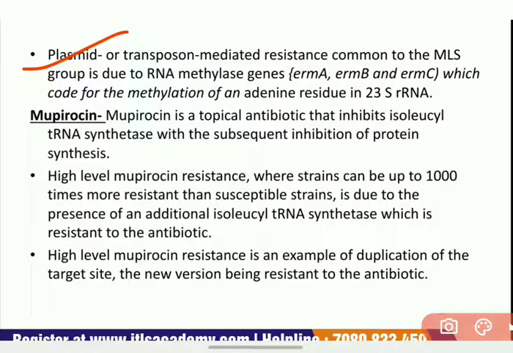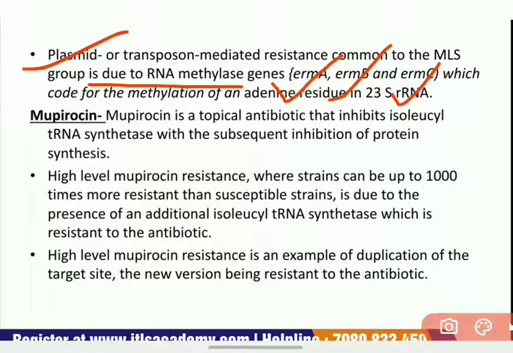Plasmid or transposon mediated resistance common to the MLS group is due to RNA methylase genes, that is ERMA, ERMB and ERMC.